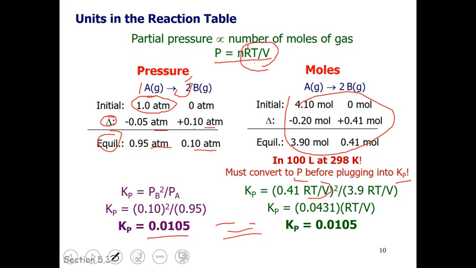The bottom line is, if you're working in Kc, make sure by the time you set it equal to your Kc value, it's in molar. If you're working in Kp, make sure before you set your expression equal to Kp, your values are in units of atmospheres. Of course, if you ever luck out where you have a reaction where the change in moles of gas is 0, your moles will be directly proportional to your atmospheres, so you won't have to do any conversion.